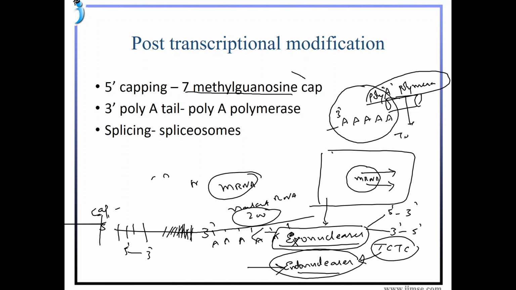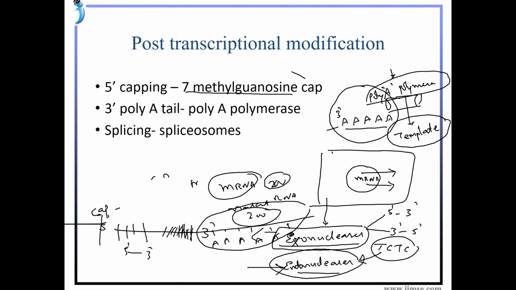It doesn't require any template. That is the specialty, and this can be asked as an MCQ in PG entrance exams. So which polymerase enzyme doesn't require any template for synthesis? That is your poly-A polymerase. All other polymerases require a template strand to synthesize. But poly-A polymerase, it's just like that, can add A nucleotides continuously. It adds around 200 nucleotides and it drops off.